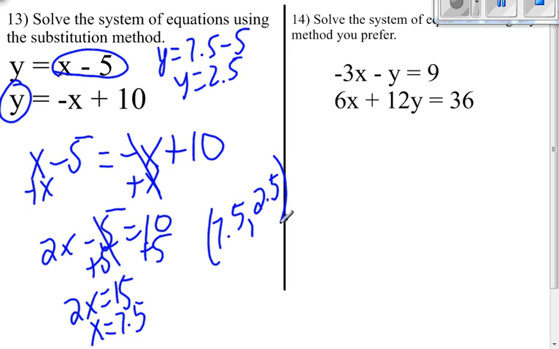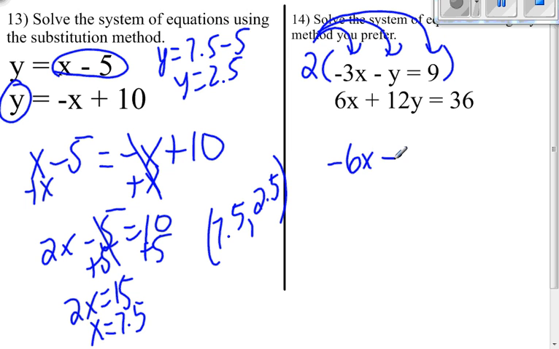Solve the system of equations using any method you prefer. It's all set up for elimination here, so we'll use elimination. It's all lined up. You need to multiply the top equation. If you want to match up the x's, you multiply by 2. If you want to match up the y's, you multiply by 12. I'll go with 2 since it's a smaller number. Distribute. Make sure you also multiply by the 9.